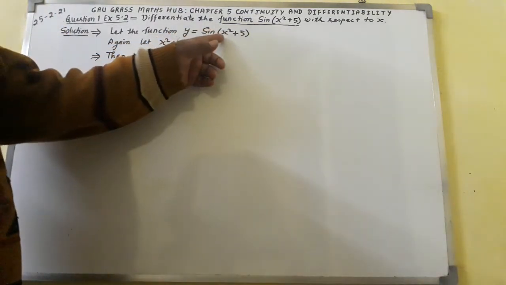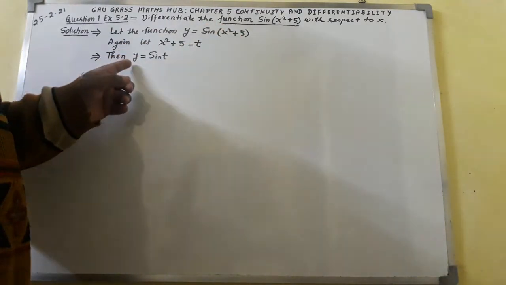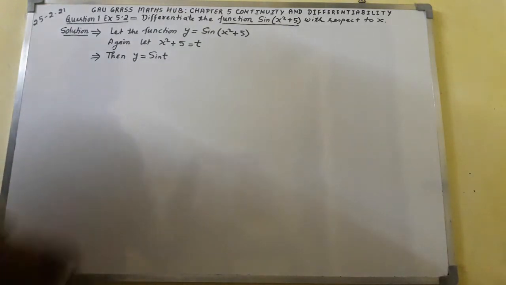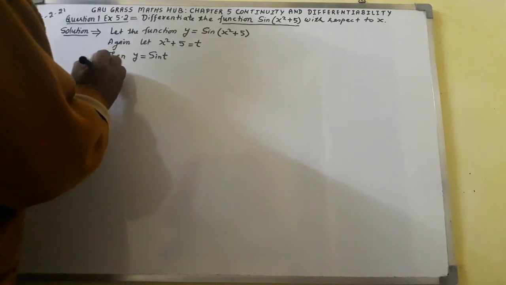In place of x square plus 5 I shall write t. It will become y equal to sin t.